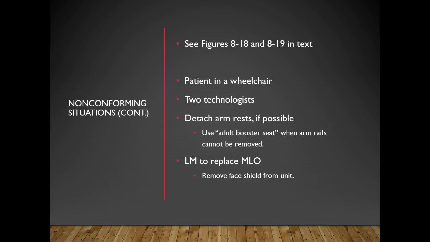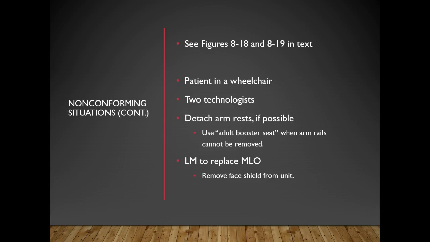So if you have somebody that can help you, all the better. It might be helpful, and most definitely is probably helpful, to detach the armrests if you're able to. Some facilities have a mammography chair. You can always move the patient to a mammography chair.